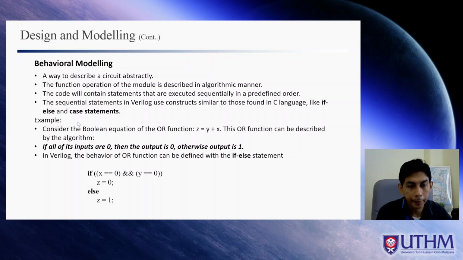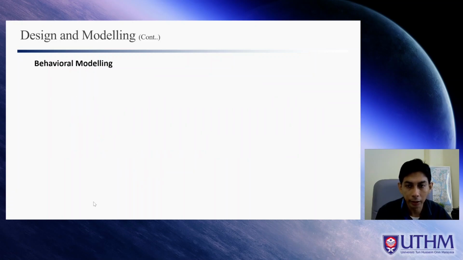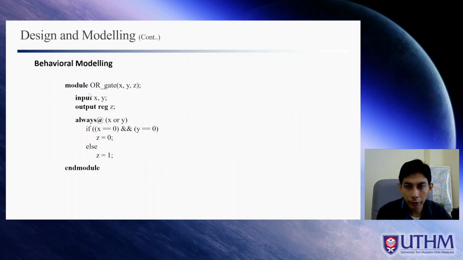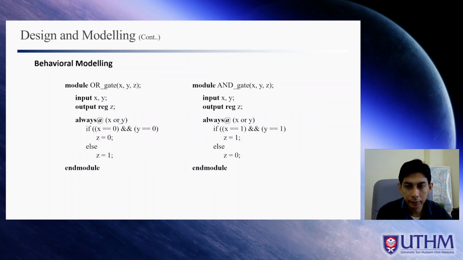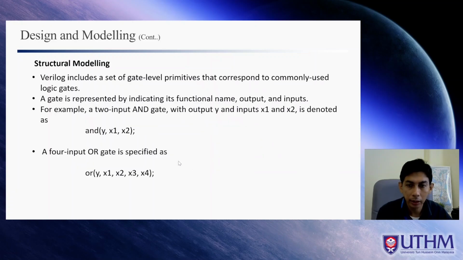Okay, so that is behavioral modeling, right? So for example, if x equal to 0 and y equal to 0, z should be equal to 0, else, means that other than that, z equal to 1, right? So this is an OR gate, this is an AND gate. This is modeled using behavioral modeling.